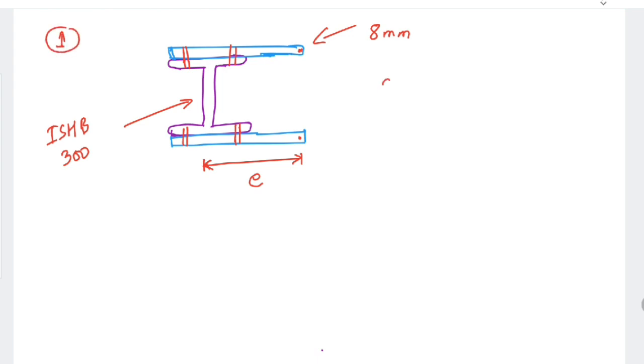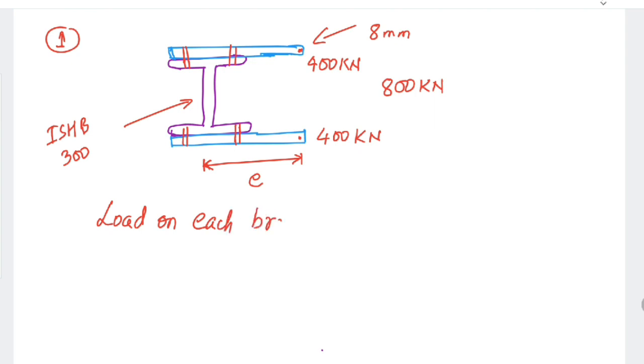So the total load is 800 kilonewton. The load applied on these two positions is 800 kilonewton, and each bracket plate carries 400 kilonewton. So the load on each bracket plate is equal to 400 kilonewton.